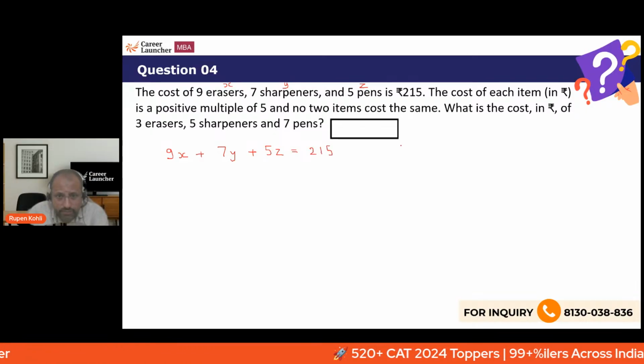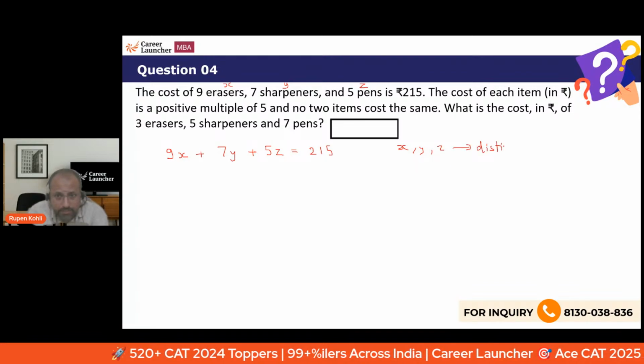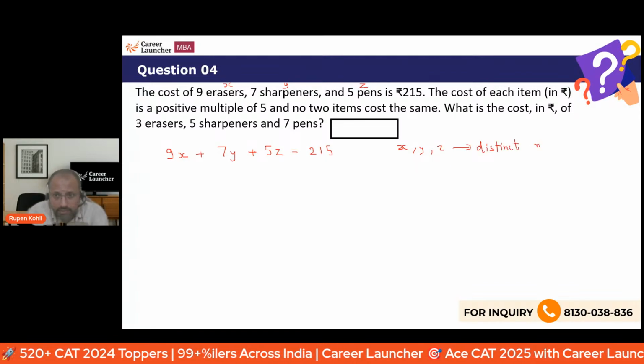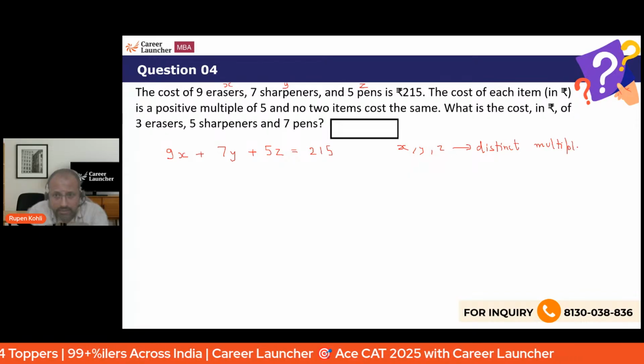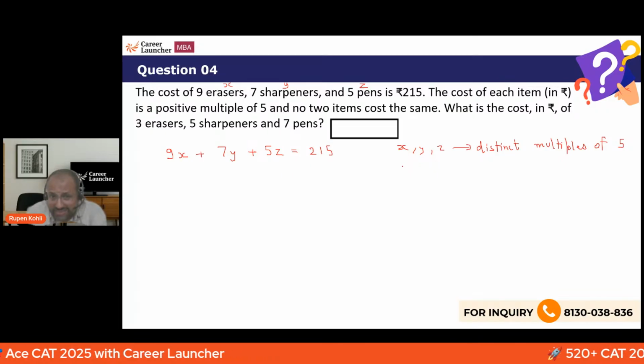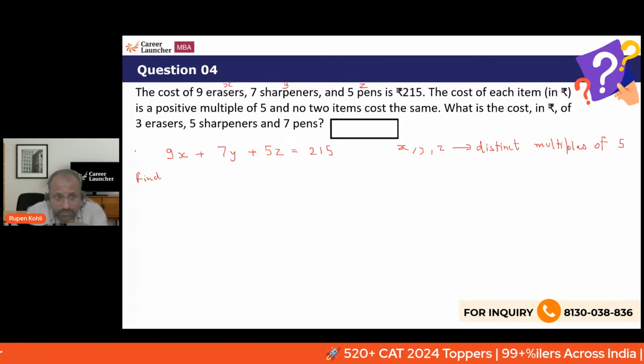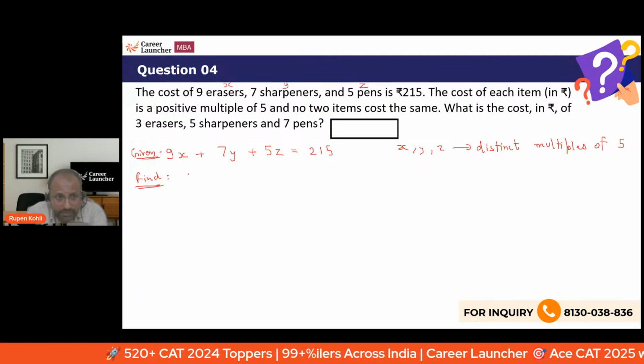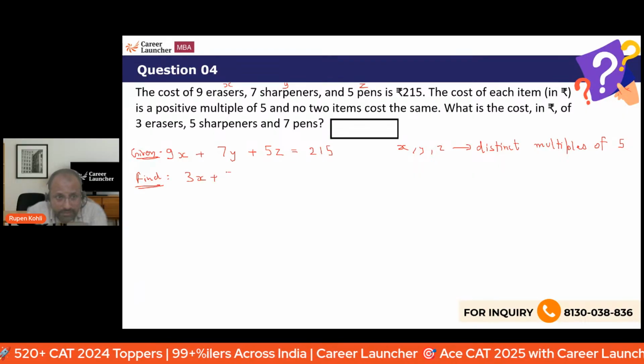Each of these X, Y, Z are distinct multiples of 5. And what is asked then? What we have to find is 3X plus 5Y plus 7Z.